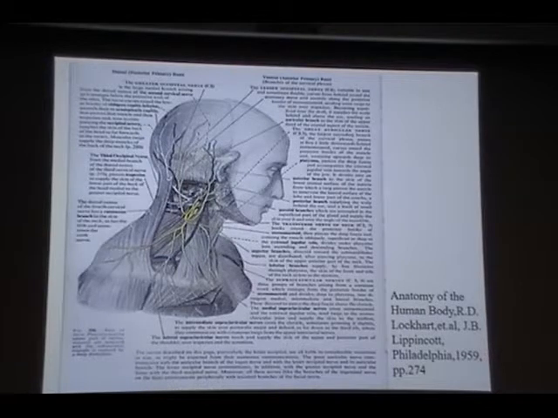There is a posterior ramus that goes to structures more in the back. It's very short because the spinal nerves are coming out of openings called intervertebral foramina in between vertebrae. Okay? However, there are longer extensions of this spinal nerve called anterior rami.